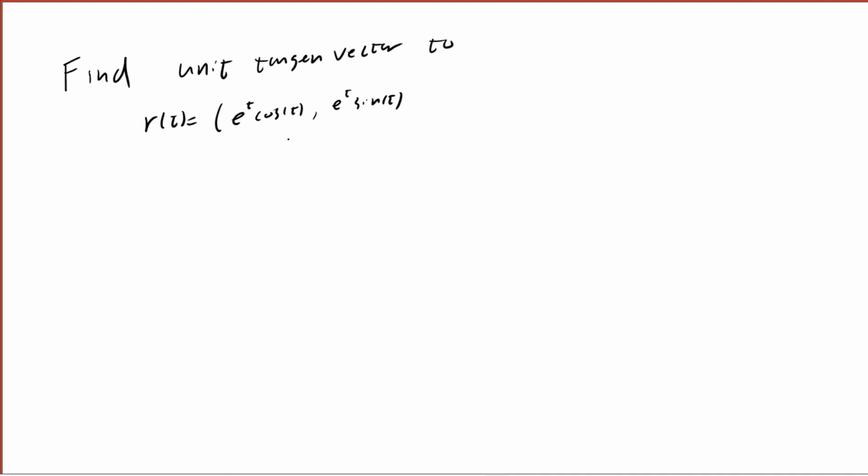I think I just gave it in x and y, but I also meant to have a 0 here. So find the unit tangent vector to this function at t equals 0.